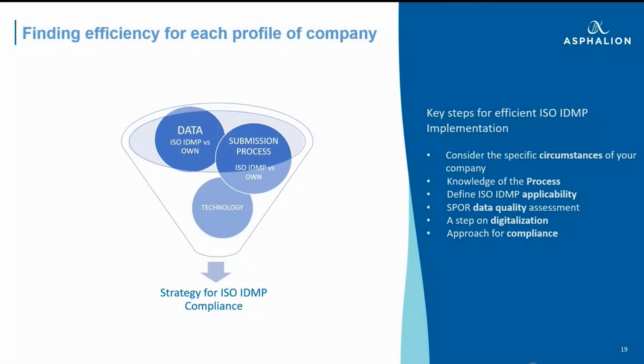So if we focus again on ISO IDMP compliance, there are many different scenarios for industry. And it's not only the awareness of the processes or diving into the timelines, the processes, the requirements, but also the navigation of the current scenario for each company.